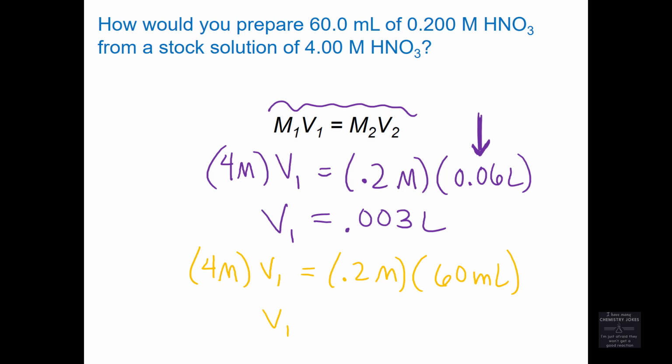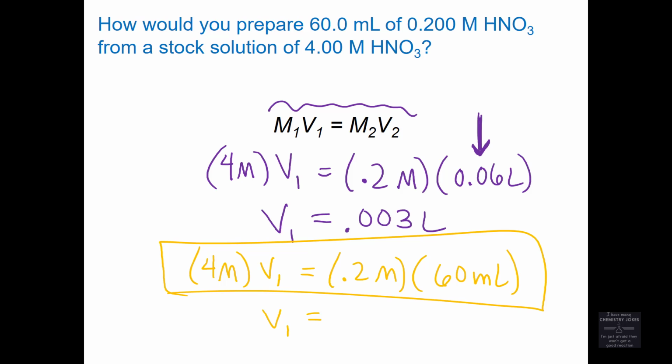What that means then is when I solve for V1 using this ratio version, I get 3 milliliters as the final answer instead of getting liters. So because this is only a ratio equation, you can leave your volume in milliliters if you want to. It means that both volumes need to be in milliliters. Don't get confused and switch those back and forth.